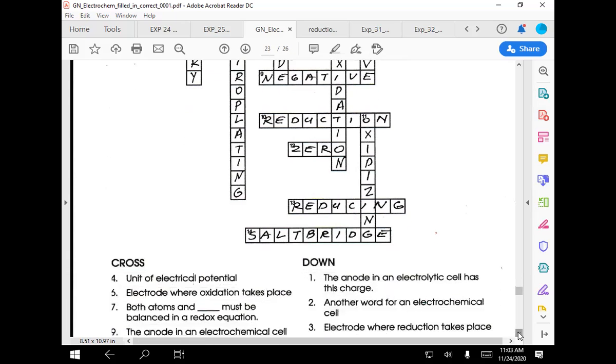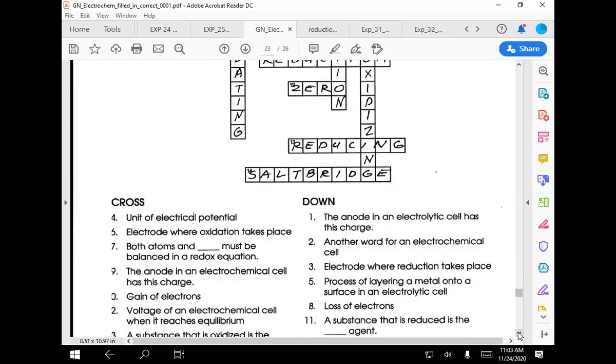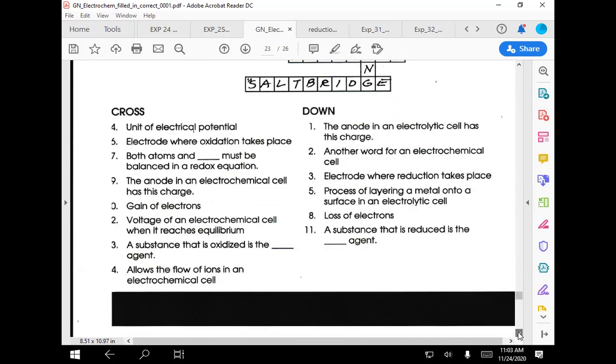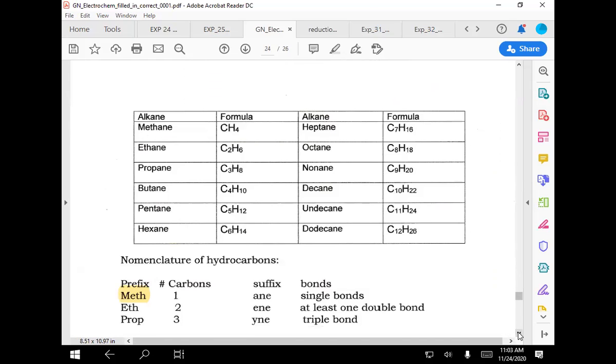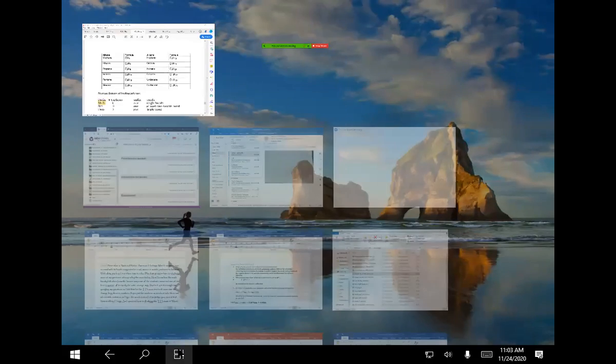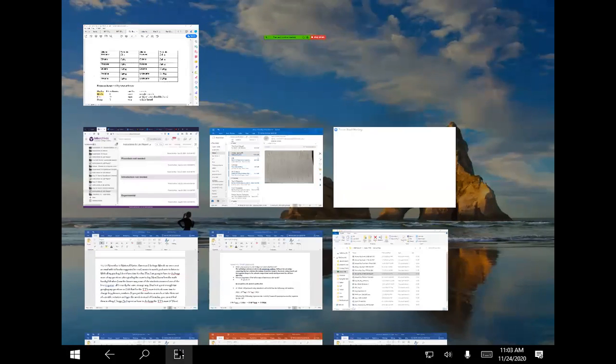And then there's the sentences. Okay, we're going to worry about this after your quiz. We don't need to worry about this yet because it's not going to be on your quiz, because we're getting ready for your quiz next week.